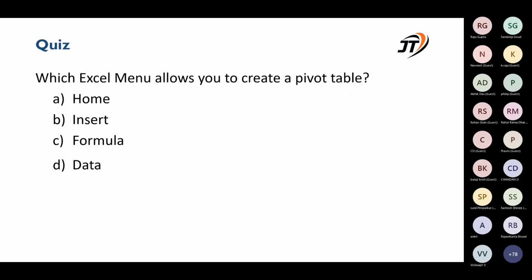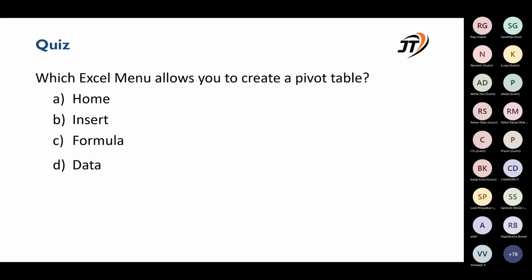Great. Which Excel menu allows you to create a pivot table? From which Excel menu can we create a pivot table? Do we do it with the home tab? Do we do it with the insert tab? Do we do it with data or formula? Great.